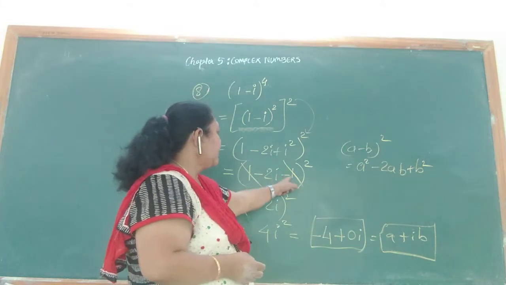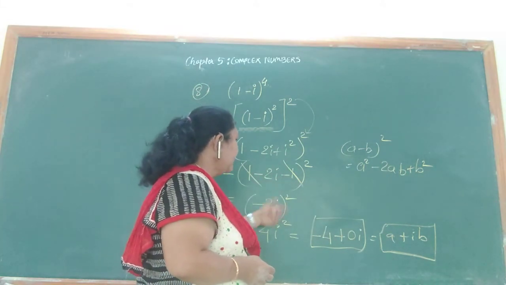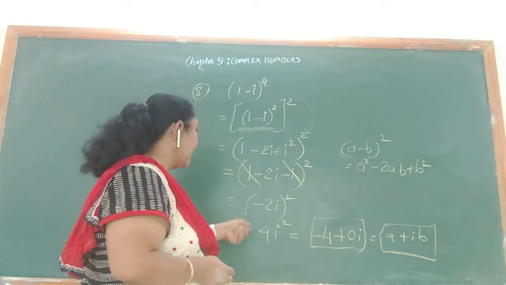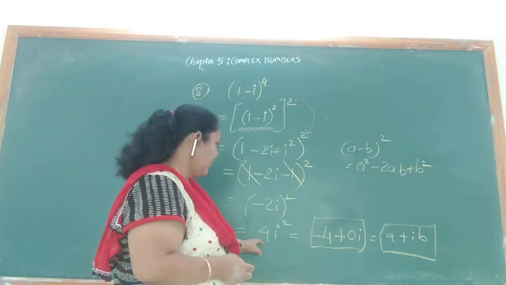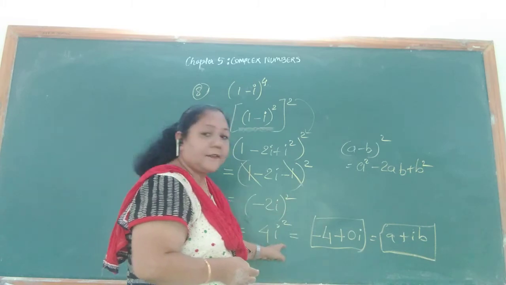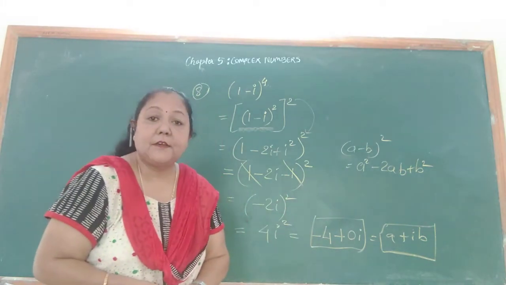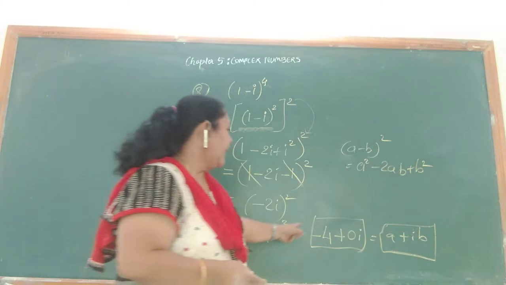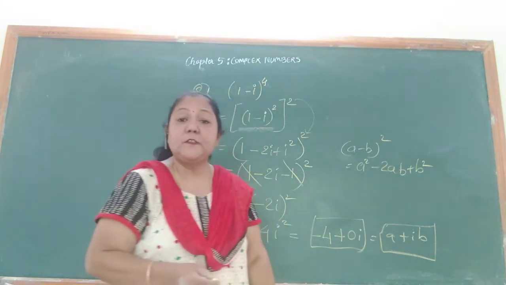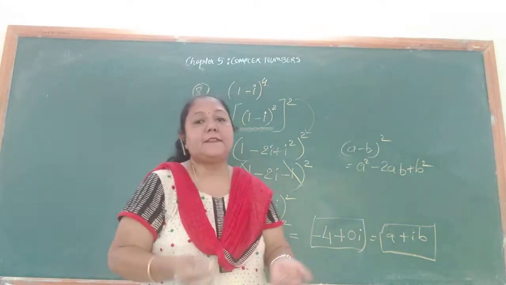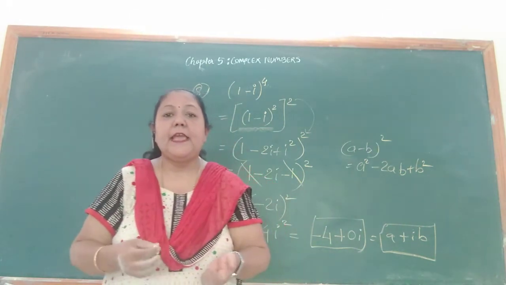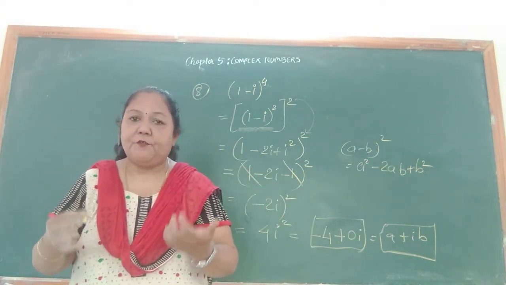So plus 1 minus 1 got cancelled and (minus 2i) whole square it became. So that is minus into minus is plus, 2 into 2 is 4, i into i is i square. But I know that i square is minus 1, and therefore I got my answer as minus 4, which I can write as minus 4 plus 0i, that is going to be a plus ib form.